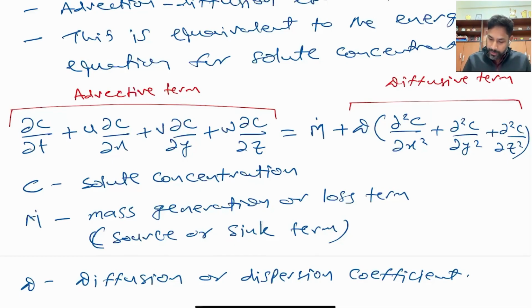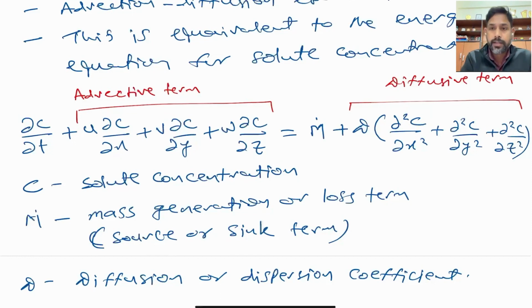So in fact, this part can be called the advective term because that is related to the velocity, and then dc by dt can be called either local change in concentration or accumulation term. Okay, so this is another equation that we might need when we solve for the mixing problem in this course.